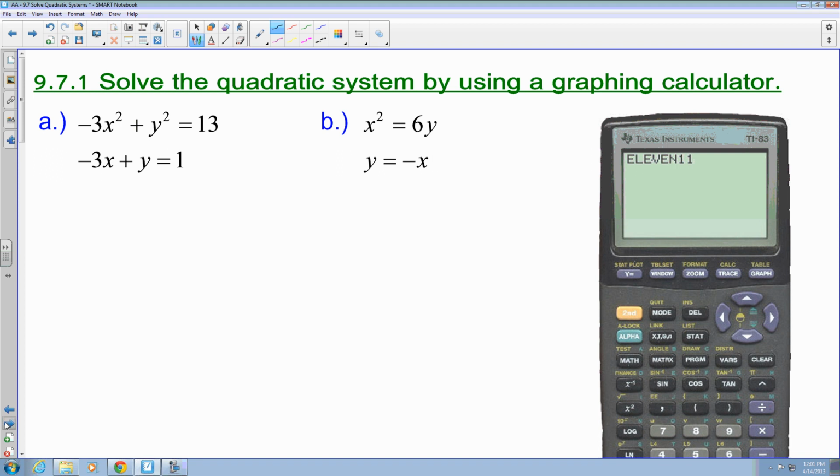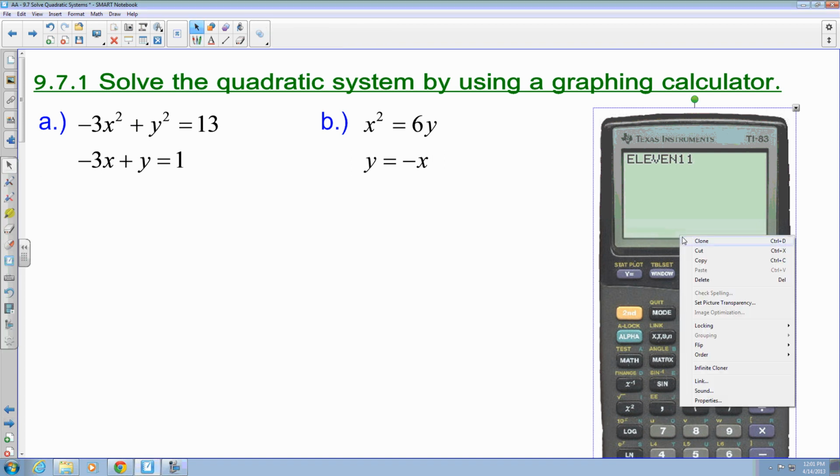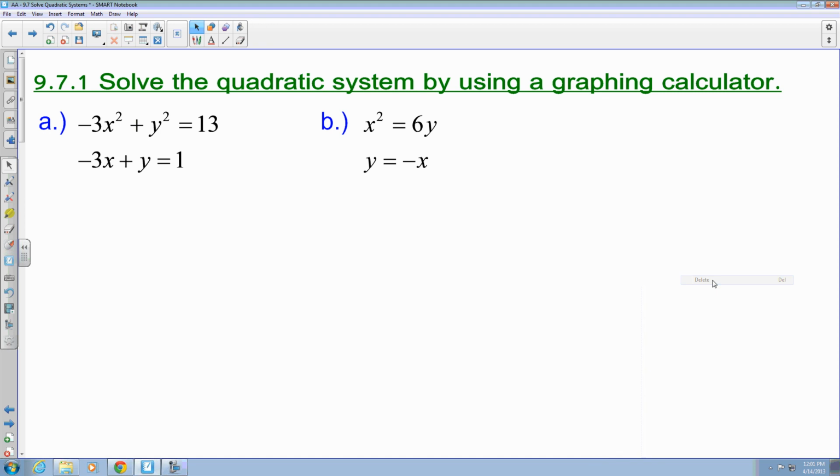Not everybody has a graphing calculator to punch it in, so for the two examples, I'll show you how to solve it using the substitution or the elimination method. I'll just delete this for the moment. And so take a look at example A.